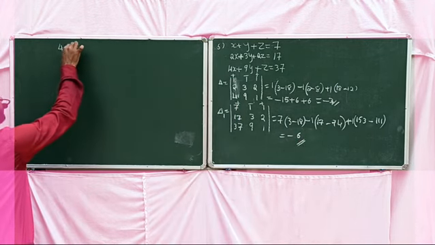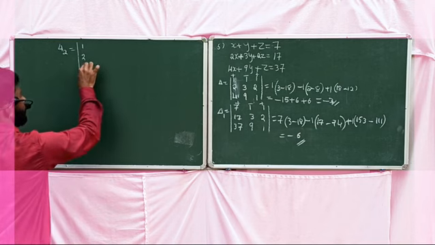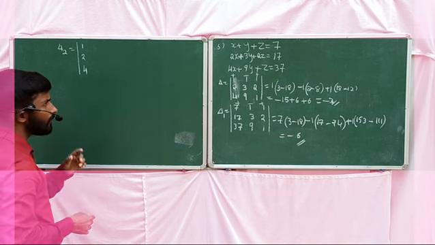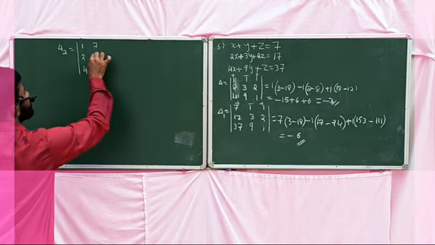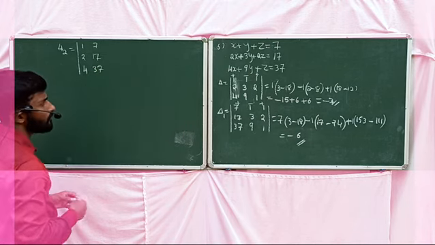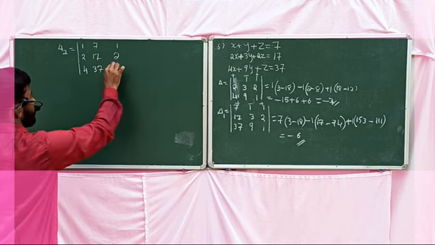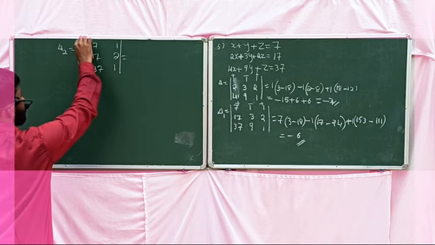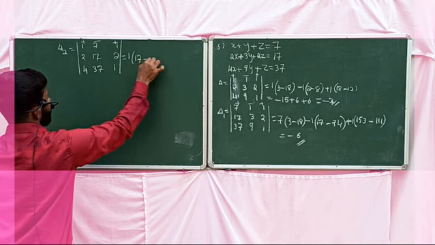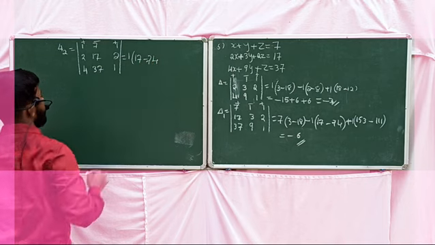Delta 2 is equal to, coefficients of x remain the same, 1, 2 and 4. In the second column, replace the coefficients of y by the constant terms 7, 17 and 37. In the third column, coefficients of z remain the same, 1, 2 and 1. Calculate the determinant value, plus minus plus: 1 into 17 minus 37 into 2, 7 times 2 is 14, it's equal to 74.